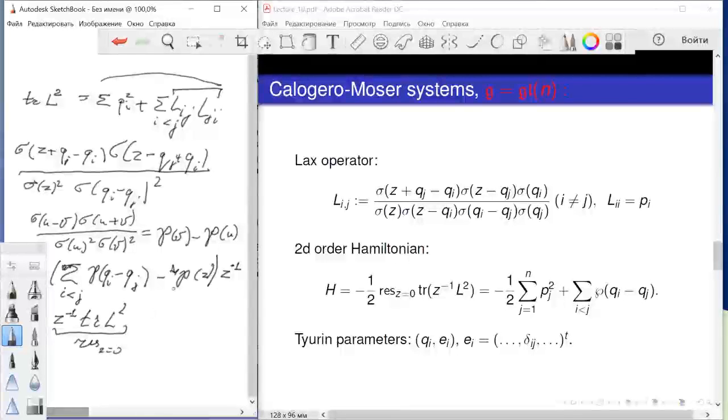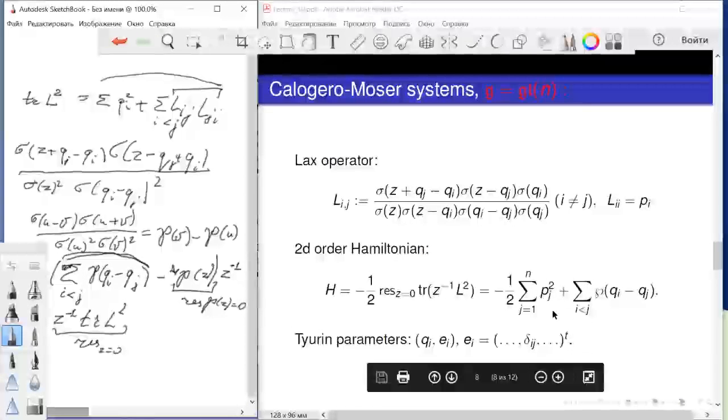A residue of P of z is equal to 0. And this stuff will give exactly the Hamiltonian of the Calogero-Moser system.